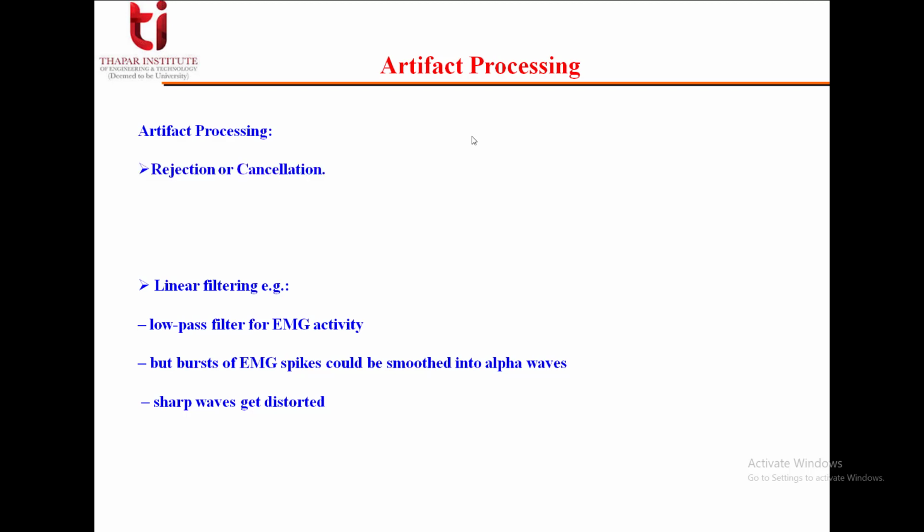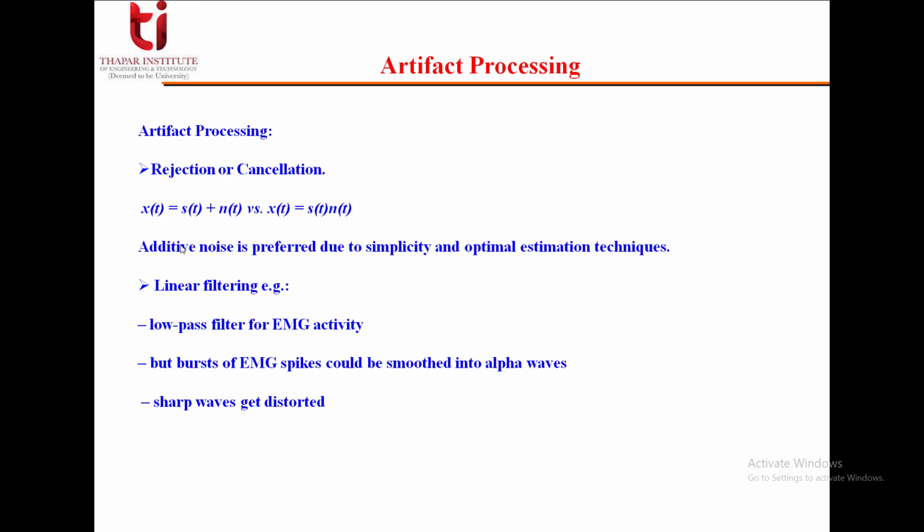So artifact processing will produce rejection or cancellation of the artifacts, which can be additive noise or multiplicative noise. This additive noise is easy to remove, but this multiplicative noise is a little bit difficult, so we can remove it by other methods like homomorphic filtering, etc.